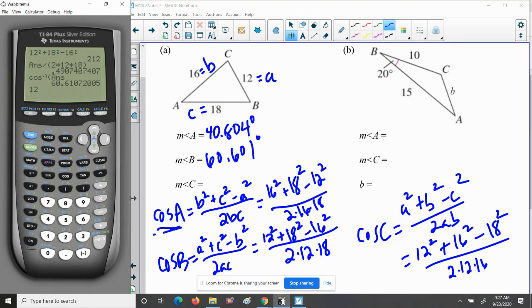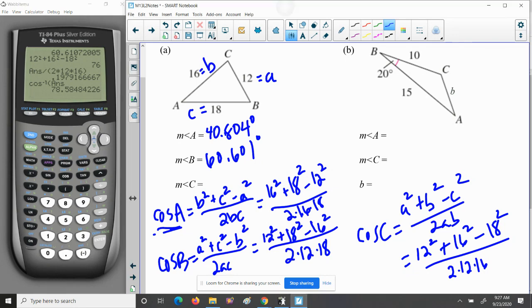I'm going to start with the top, 12 squared plus 16 squared minus 18 squared divided by 2 times 12 times 16. And now remember that's the cosine, so second cosine, second answer. 78.585.